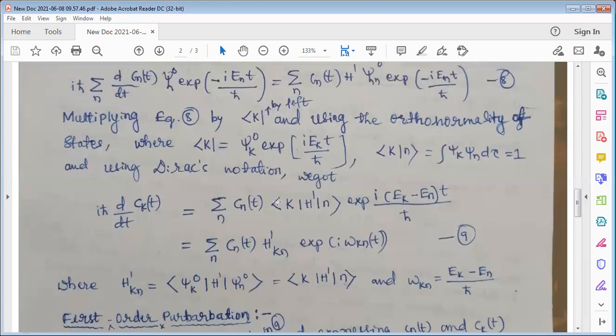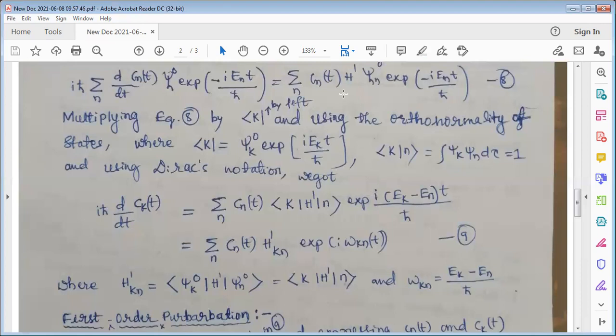So that is written here as a matrix element, into exponential of i into (E k minus E n) t upon h cross, because here already exponential of minus i E n t upon h cross is there, and to this quantity exponential of i E k t upon h cross is multiplied. So that product becomes exponential of i into (E k minus E n) t upon h cross.